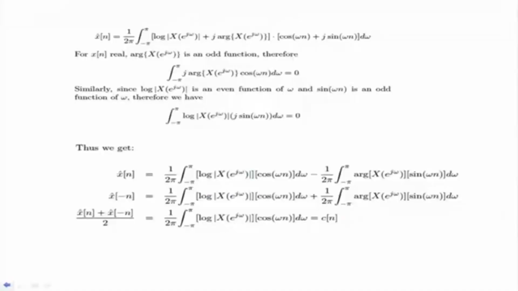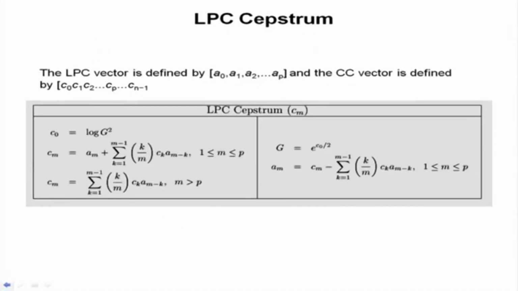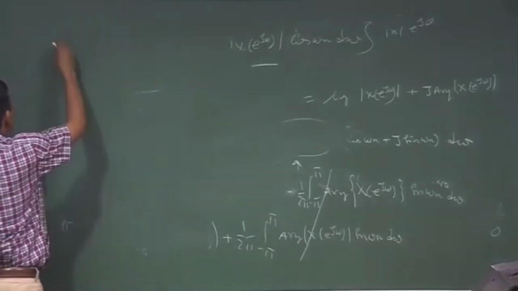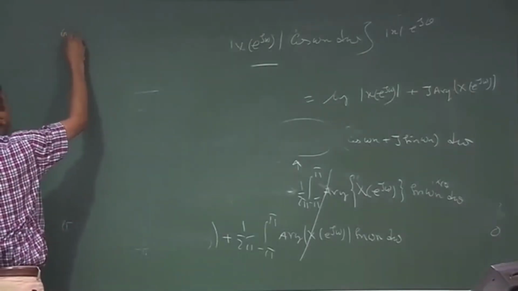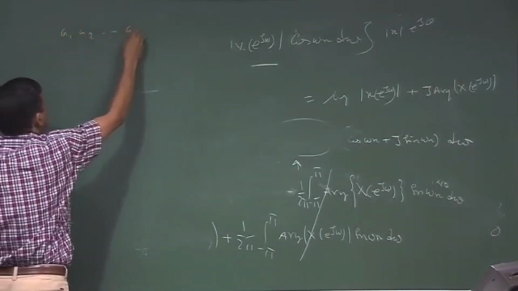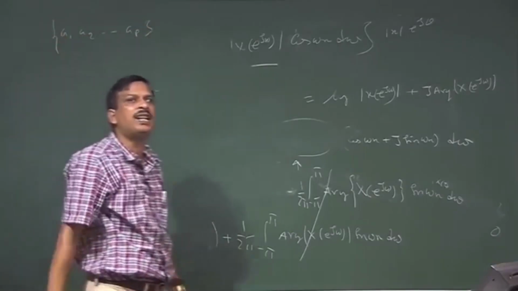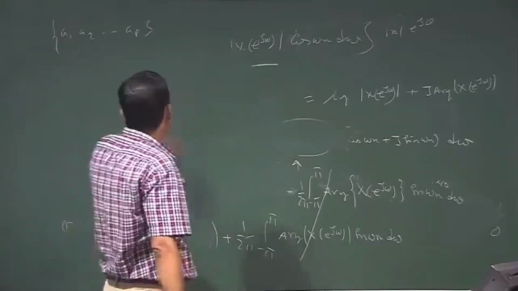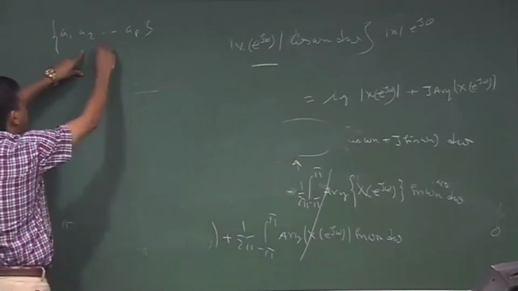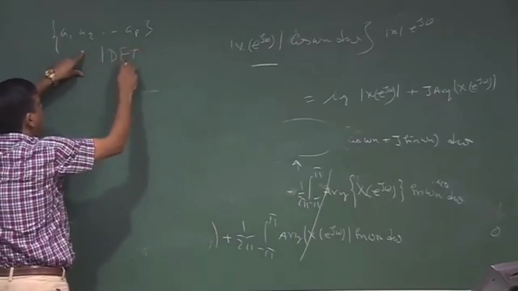Okay. Now, come to another one, which is called the LPC spectrum. So what is the LPC spectrum? We said that if I have a signal x, and A1, A2, up to AP are my LPC coefficients of pth order, then if I take the frequency transform of this, if I take the DFT of this, what will I get?